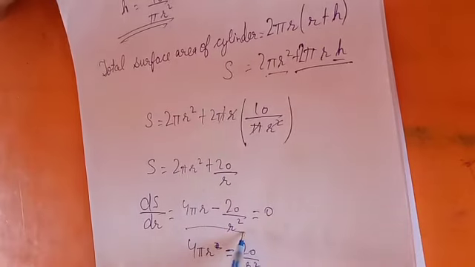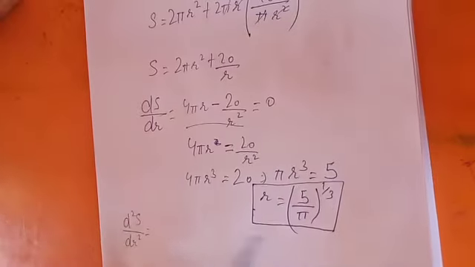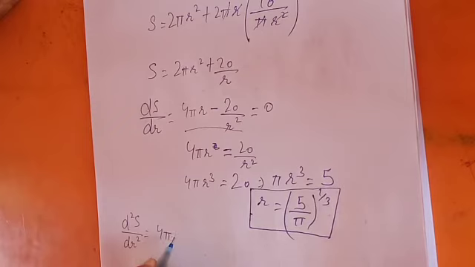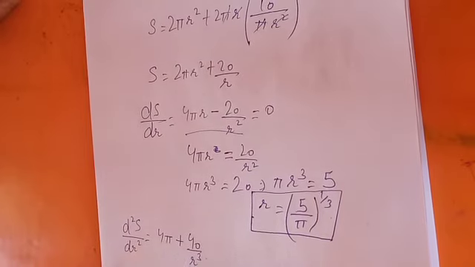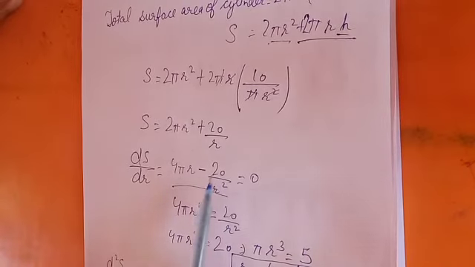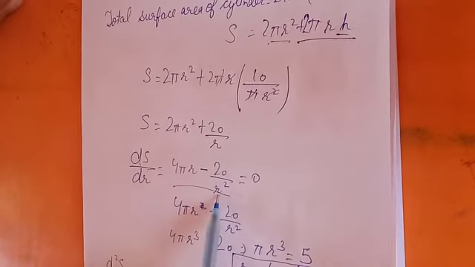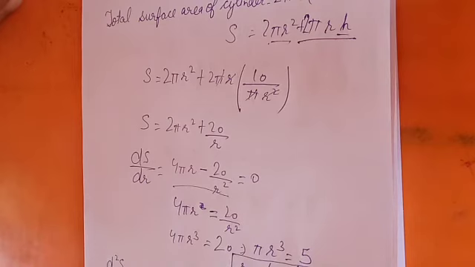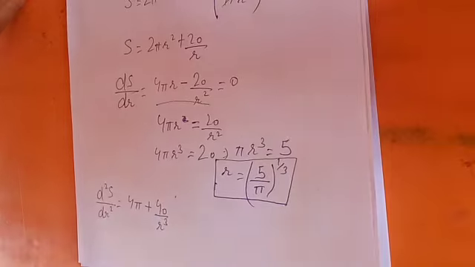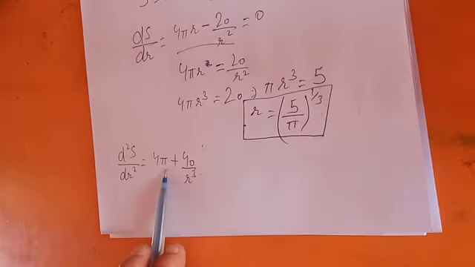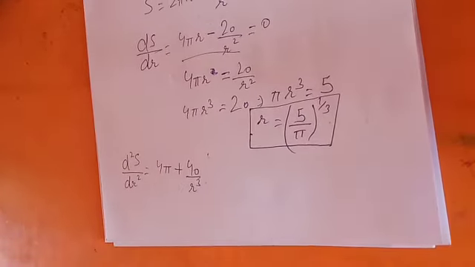That will be differentiation of this, and it will be 4 pi plus 40 by r cube. I hope you understand why I have written 40 by r cube and this positive sign, because 20 will be as it is and differentiation of minus 1 by r square will be 2 by r cube. So 2 into 20 will be 40.